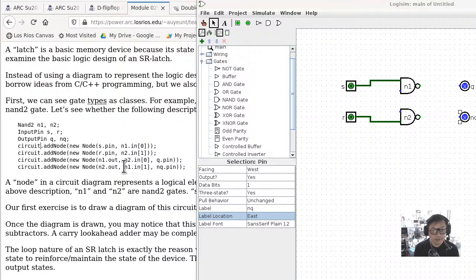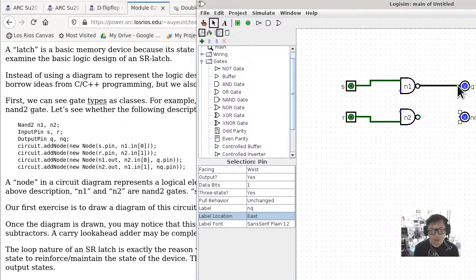But when you look at the next 2 nodes, they have 3 connection points. So the third one connects the output of N1 to the input of N2, but also to the port of Q, which is an output pin.